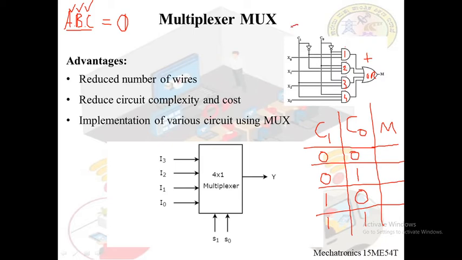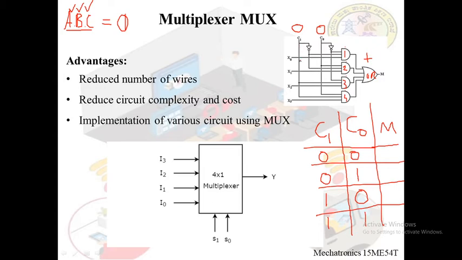So when C1 and C0 both are 0, what happens? C0 gives direct input to AND gate number 4 and AND gate number 2, but it gives a negated input to gate number 1 and gate number 3. Now C1 is 0, C0 is 0.